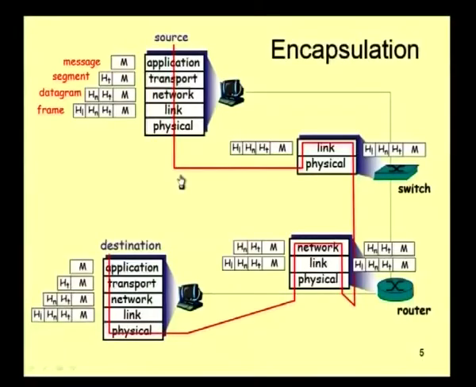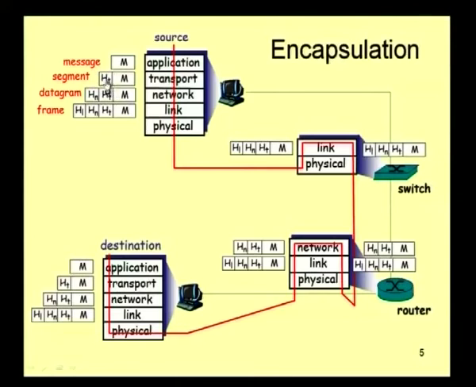Remember also that encapsulation and decapsulation takes place at every node, at every layer. Just a quick recap of what happens there. When I am transmitting data from any node to any other node, the application layer as a source gives some message M. This message is sent to the transport layer, where a header HT is added.